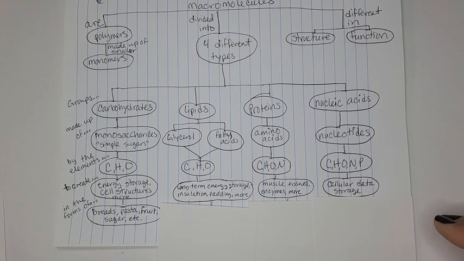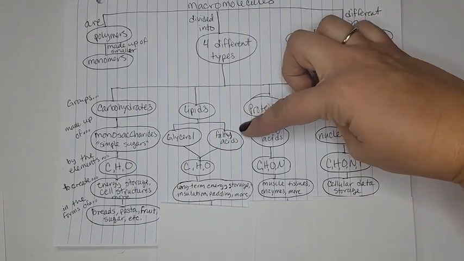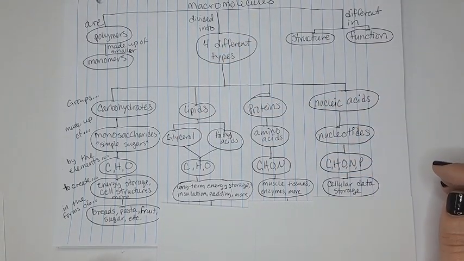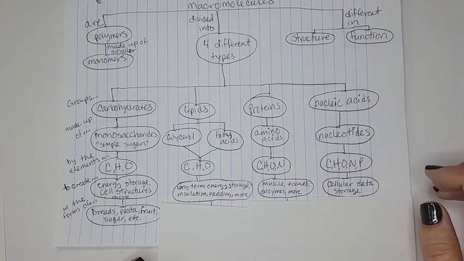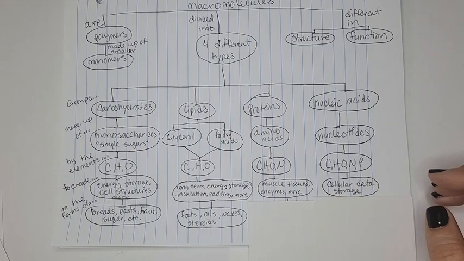Lipids are made up of glycerol and fatty acids as their monomers and the elements of carbon, hydrogen, and oxygen to create long-term energy storage, insulation, padding, and more in the forms of fats, oils, waxes, steroids, and more.